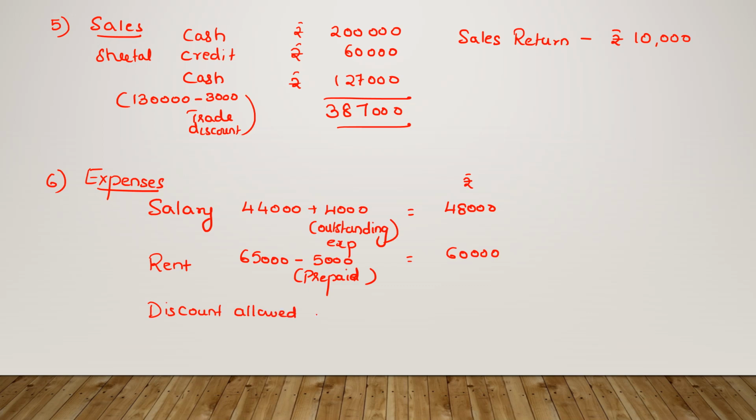That is when he came to pay, 2,000 was the discount allowed to the customer for paying early. So totally you have 1,10,000 would be the expense of the year. So from this we understand the expenses total is 1,10,000.